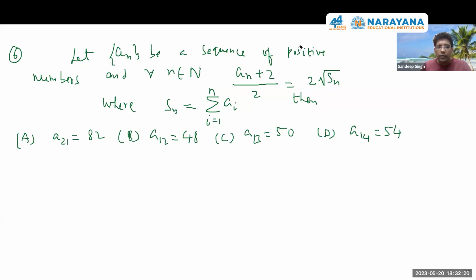Sir, can we do Sn minus Sn minus 1? Yes, do it. Sir, it is half done, but I'm not getting how to get the sum of a1 plus a2 up to an, because they are in sequence, but we don't know whether there is any difference or not.